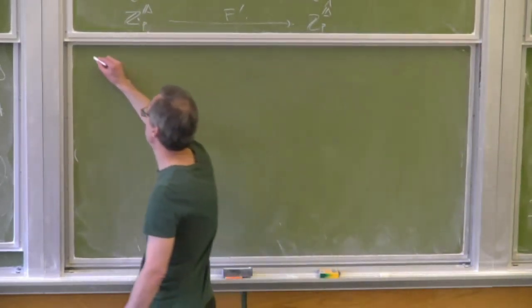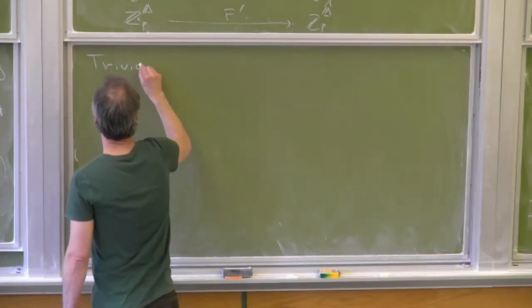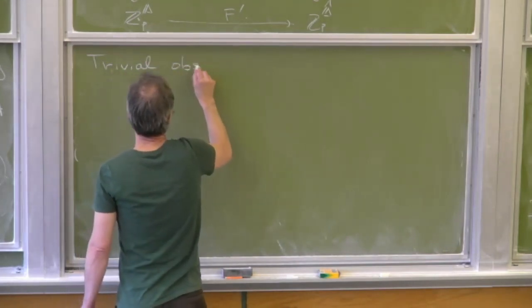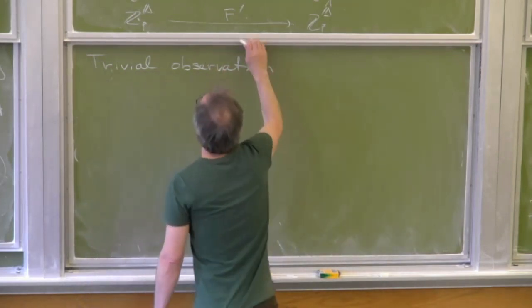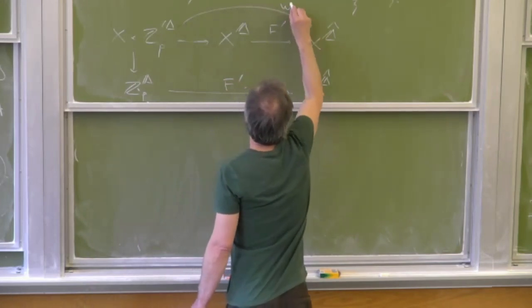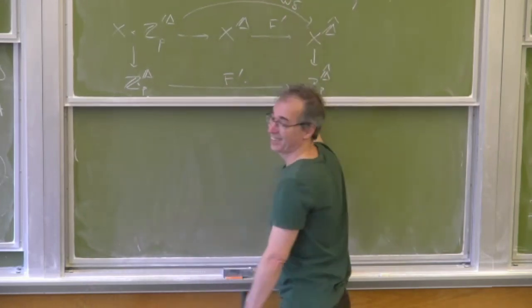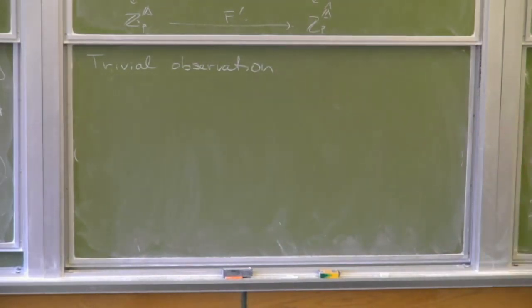So I will call this a trivial observation. So let's give a name. This was my naive expectation, that you can just put a hat over this. Sure. And you're saying that this is indeed true.